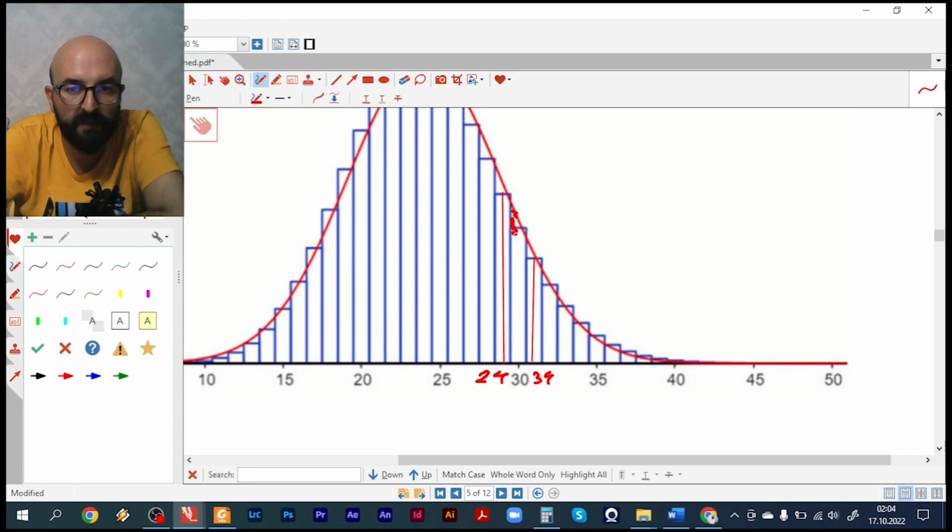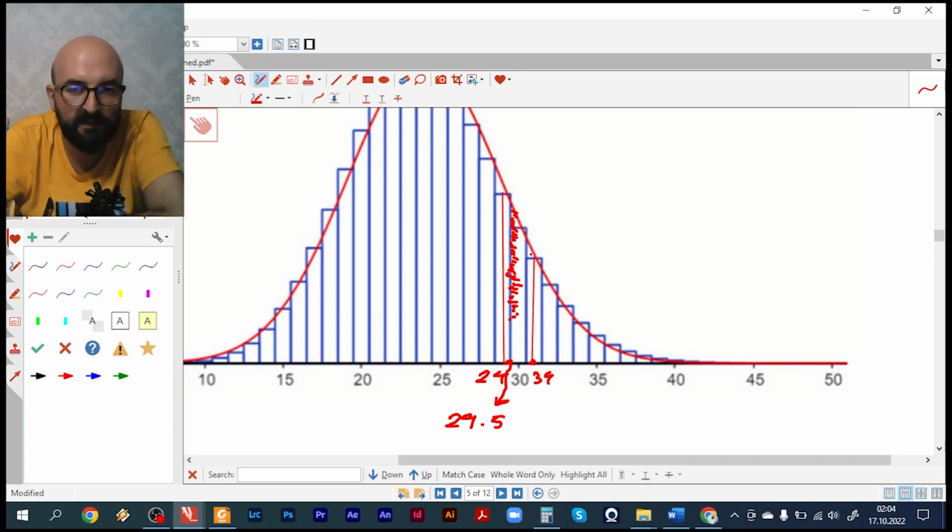So this rectangle's bound is 29.5, so you should find greater than 29.5, and this point is 31.